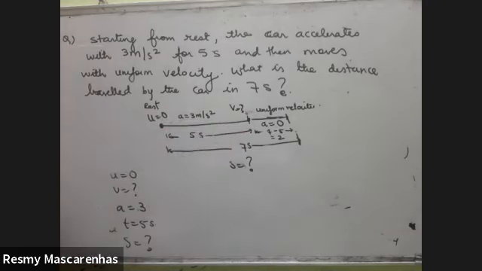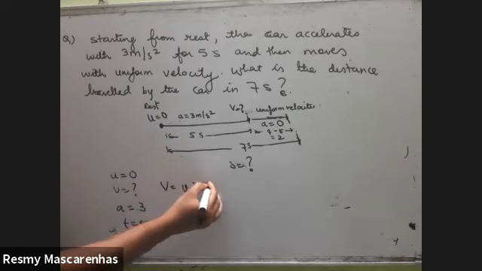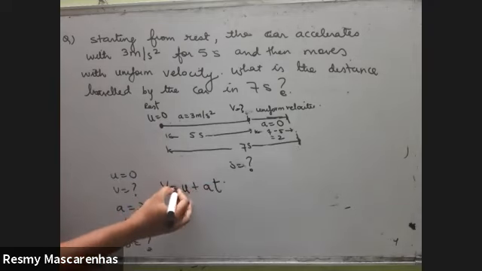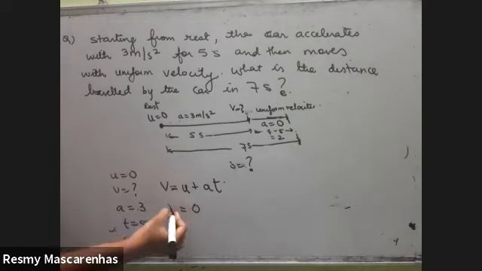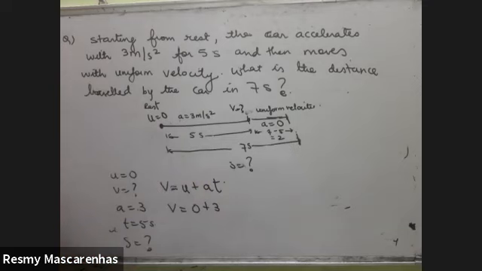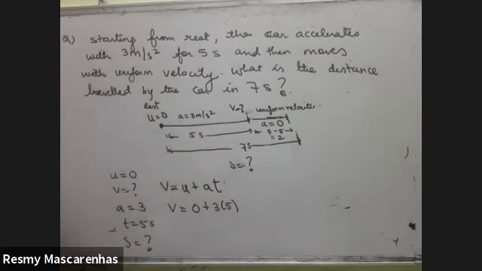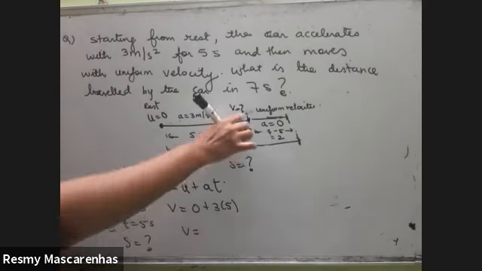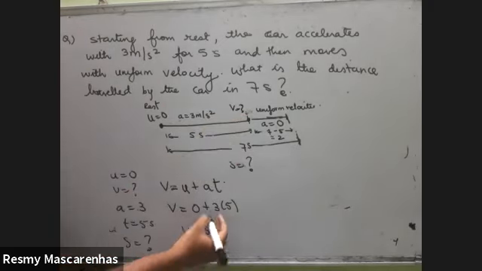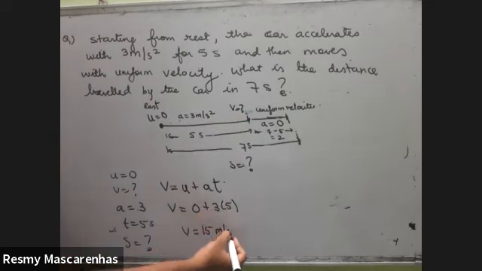So obviously you can use the first formula, v is equal to u plus at. u we know is 0, acceleration is 3, and time is 5. So v we got. At this point, v is how much? 5 3s are 15 meters per second.